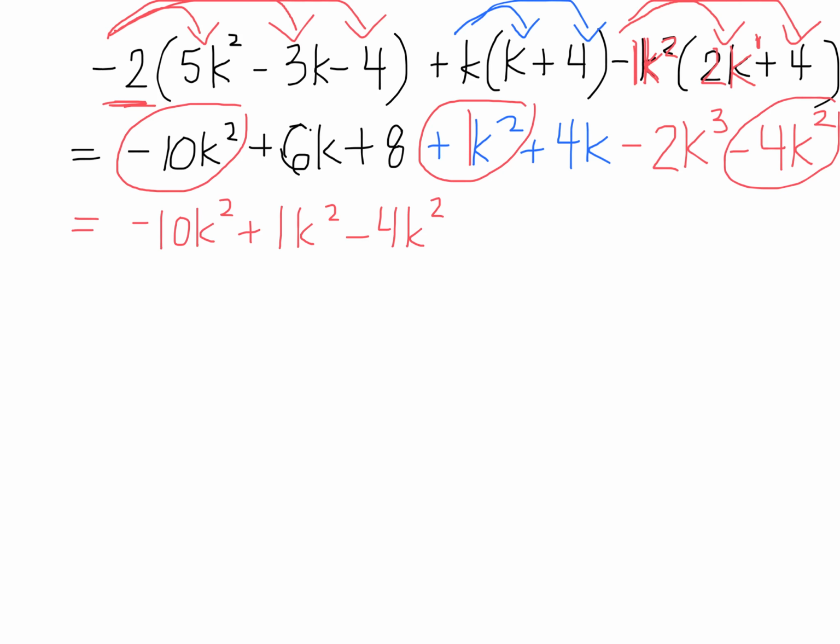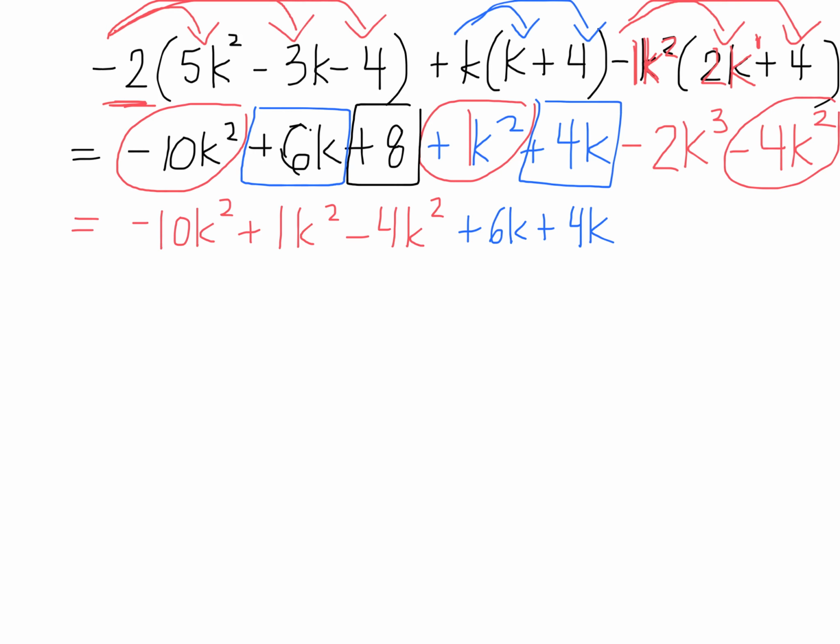Okay? What are the next terms that are alike? Let's start with the next one. 6k and 4k. So plus 6k plus 4k. Now I have a plus 8 term. That's a term without any variables and no exponents. Can I add that to anything? No. So that's going to be a lonely guy by himself.